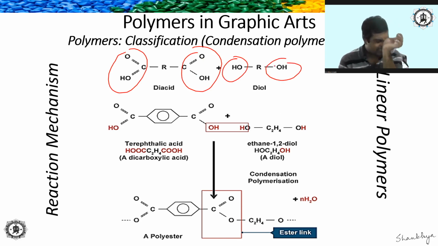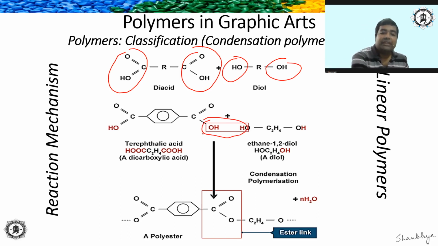Normally these two undergo a chemical reaction, and since this is condensation, there will be an elimination of water. You see, this is the water molecule that gets eliminated, or in some other cases there may be elimination of some other smaller molecule.